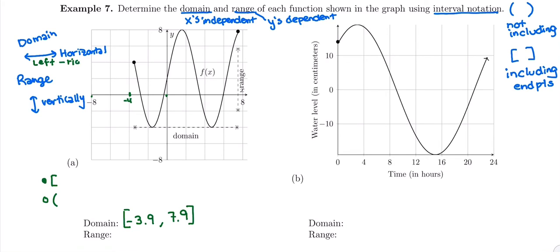Now we're going to look at the range, which is going to be vertically. We're going to look from down to up to find the range. So here is where I would say the lowest y value is. And up here we have some higher y values. So we need to evaluate what those y values would be.